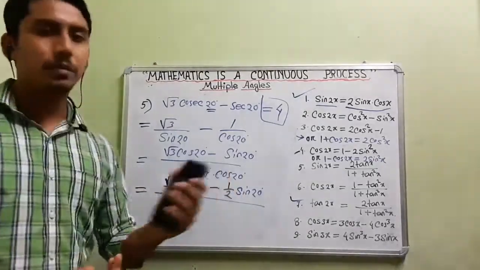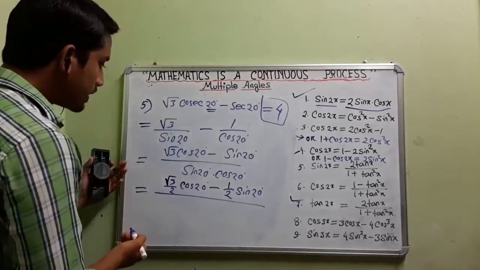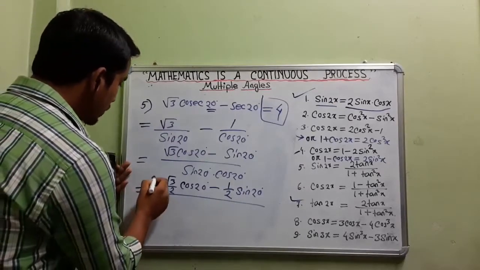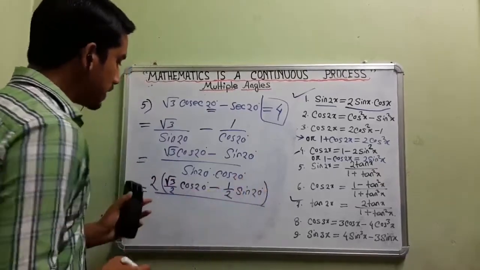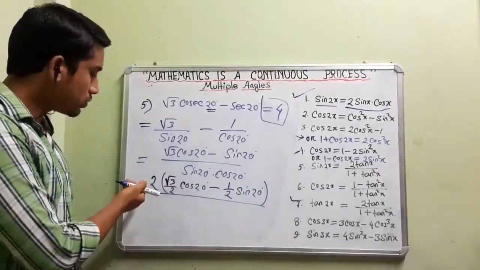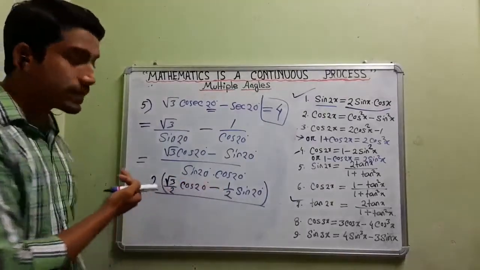As you have divided the numerator by 2, you need to multiply by 2 like this. If you want to divide the numerator by 2, you need to write the 2 like this, so that after taking half common again, this half will get cancelled by this 2.